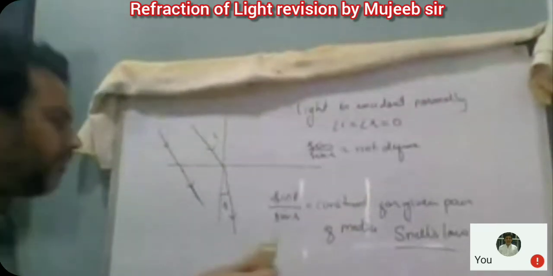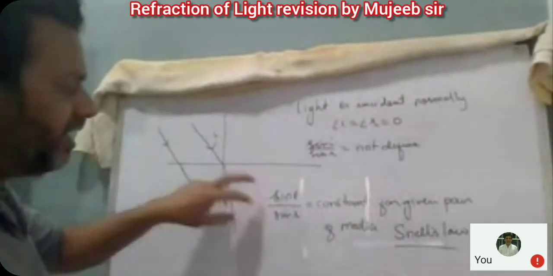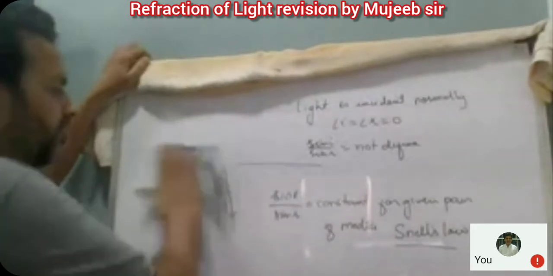So here, what we got from the second law is that sin i upon sin r is equal to a constant for the given pair of media. This constant is very important for us.